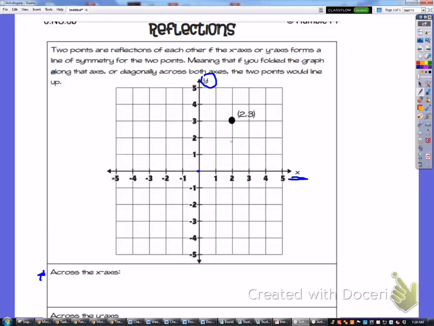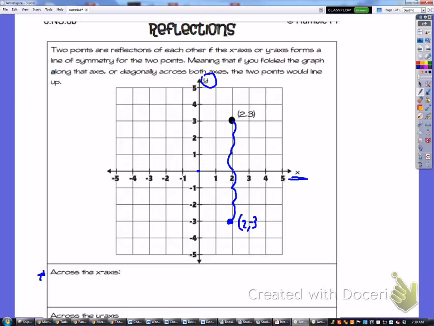The only way to do that is to jump exactly the same distance in a straight line over the x-axis. So it's 3 jumps to the axis, and so we need to do 3 jumps on the other side to make it an accurate reflection. And so the coordinates of that point are (+2, and then we had to go down 3). Okay.